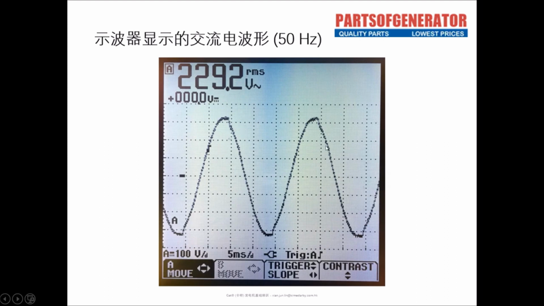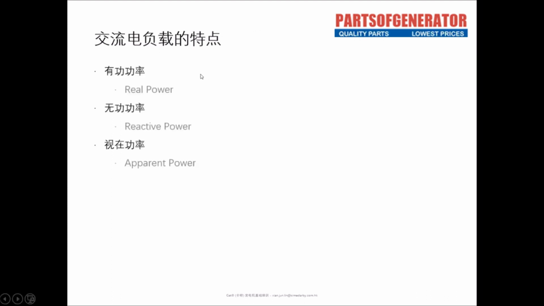In fact, what we usually talk about is the effective value of alternating current. There is a fixed relationship between the effective value and its maximum value. That is, the effective value is equal to the maximum value divided by square root 2.